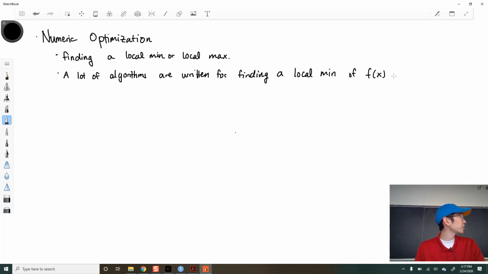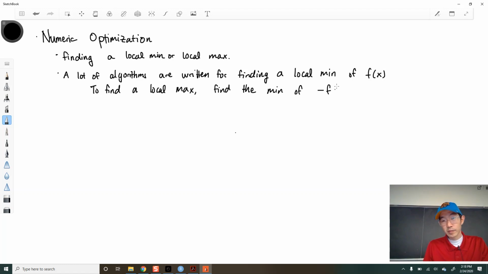So a lot of algorithms are written for finding a local minimum of f of x, and to find a local max, just find the min of negative f of x.